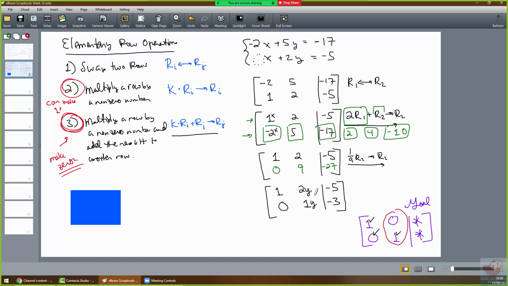This is saying 2y. What do we do to the 1y? So when we add it to the 2y, there's no more 2y. Multiply by negative 2. There you go. So negative 2 times row 2, adding it to row 1, makes the new row 1.